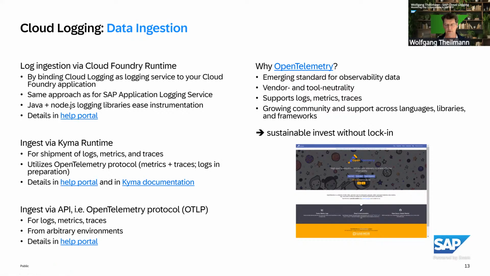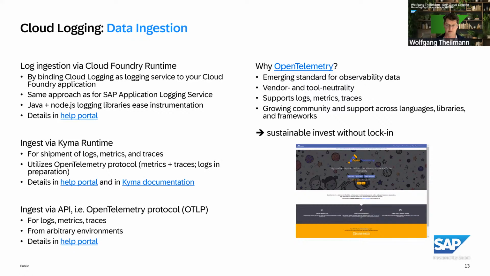Perhaps just one note now on OpenTelemetry, because I mentioned that so often, and just in case you've never heard about it before. So what is OpenTelemetry and why should you care about it? OpenTelemetry is an emerging standard for dealing with observability data. And what makes it shine or important is that it is vendor and tool neutral.